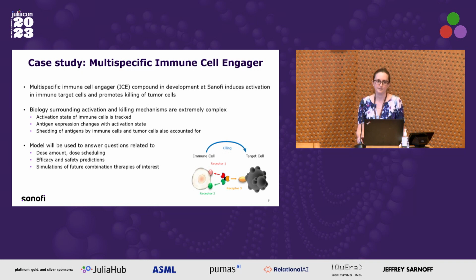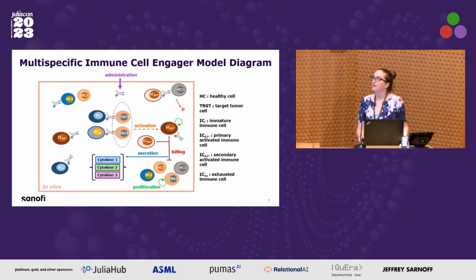And so we're modeling both cell level processes like killing and cell activation, as well as receptor level binding and shedding. This model in the future will be used to answer questions about dose amount, scheduling, efficacy, safety, and also combination therapies.